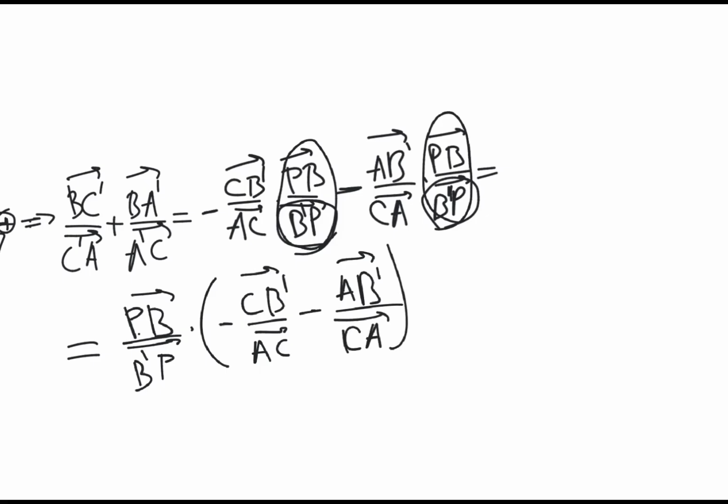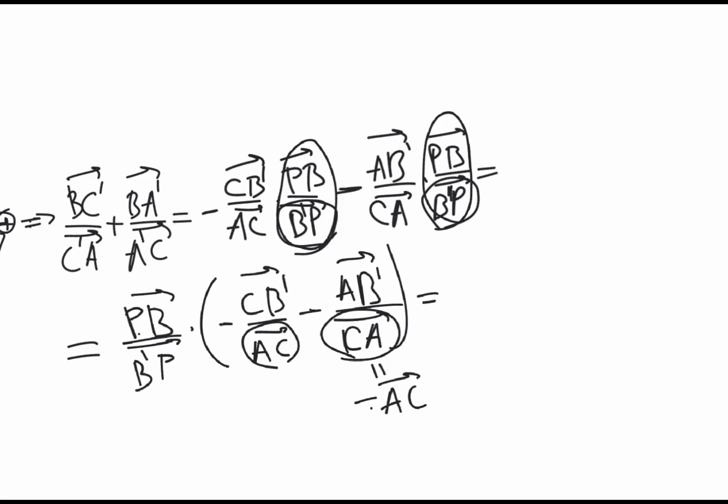So now we notice that AC and CA are almost the same. They have the same magnitude but opposite signs. So let's say we replace CA with minus AC, basically. Then this minus and this minus cancel each other.